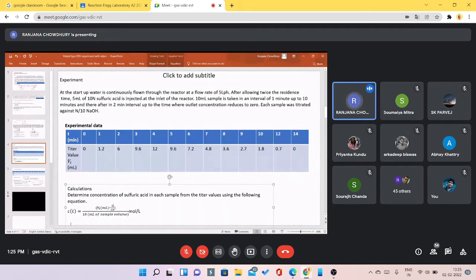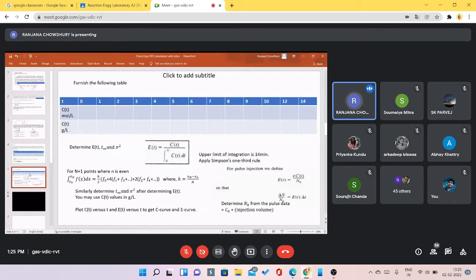So you can determine C(t) from these experimental results, and using these you can furnish this table. Here this C(t) dt you can calculate in terms of gram per liter also, and you can also determine the value of E(t) as well as the value of the variance.